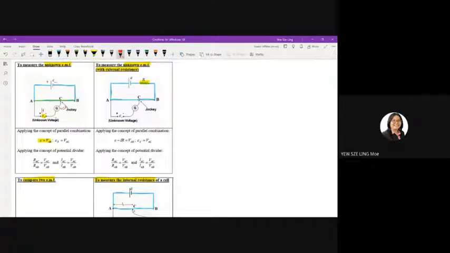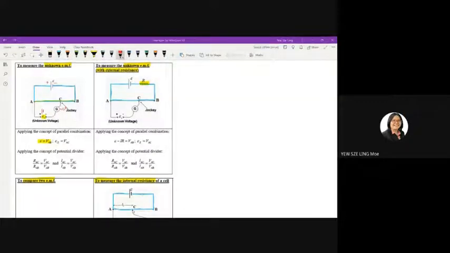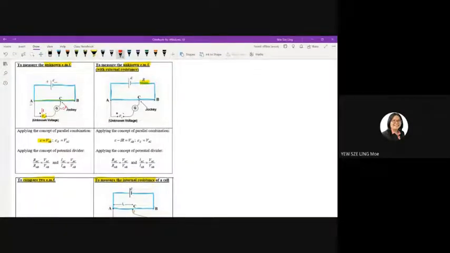Another possibility is that when your unknown voltage is larger than your source voltage, your EMF here. If EMF X is larger than EMF, then once again this galvanometer will never be equal to 0, and it will always deflect in one direction, the direction that follows the current flow in the lower loop.